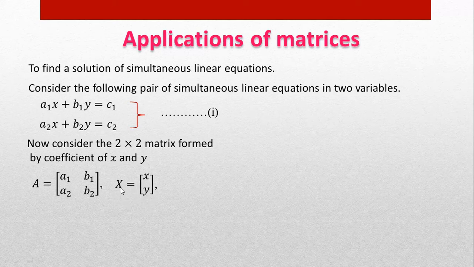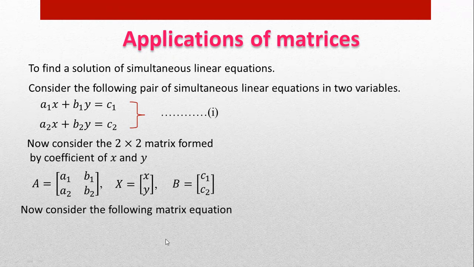And if we consider the matrix X, such as x y, whose order is 2 by 1, and matrix B is equal to c1 c2, it is the matrix of the constants c1 c2 on the right hand side of the equation. So we consider the matrix A, which is of coefficients of x and y, then matrix X, and then matrix B.